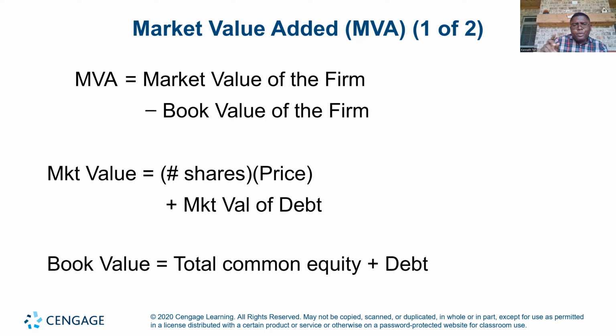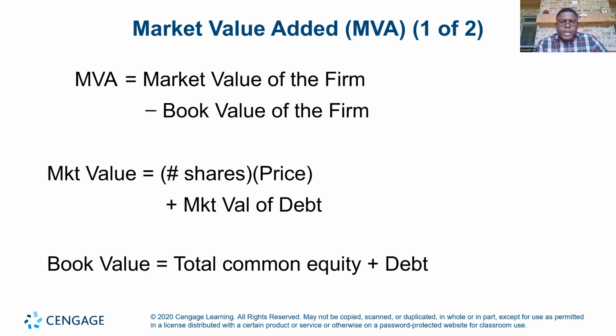The market value added, on the other hand, reflects performance over the company's entire life. That is why economic value added is used as a measure for incentive compensation rather than the market value added.